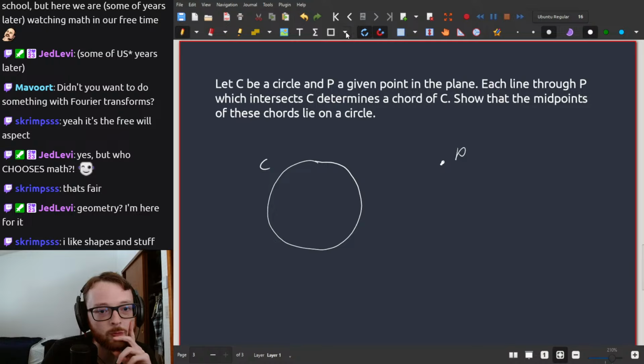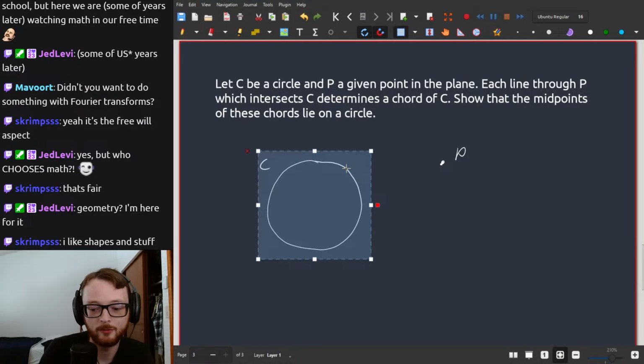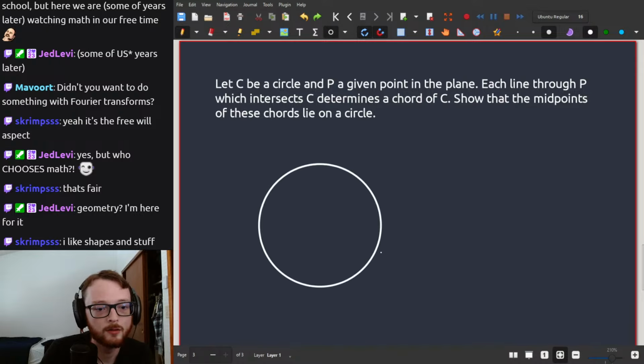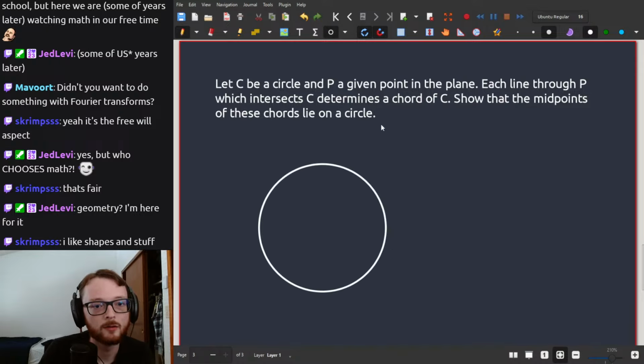Actually, I should use... Do I have a circle tool? Yeah, I do. This is a good time to use it. Okay, there's C. There we go.